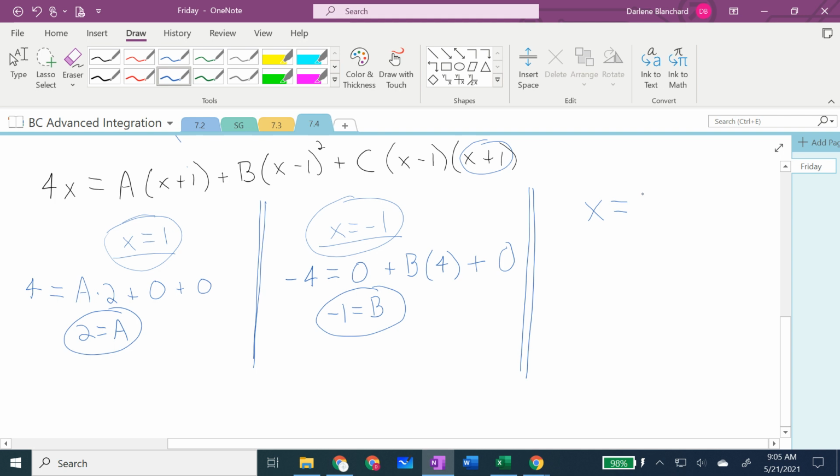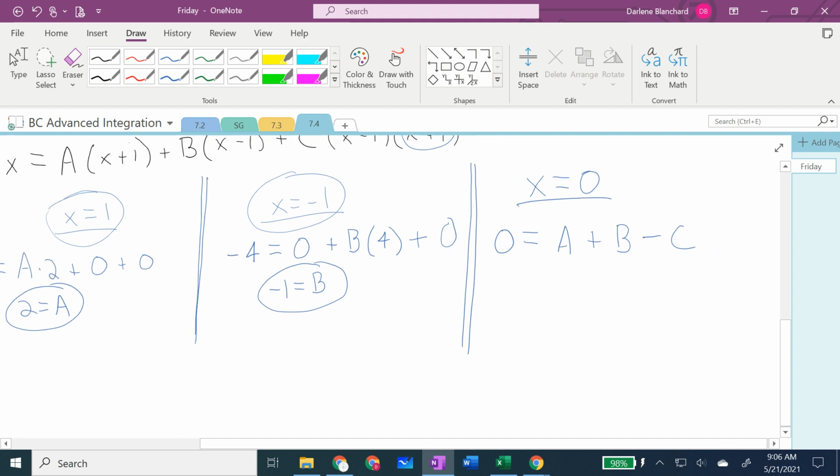Zero is the perfect choice. When I plug in x equals 0, I'm getting 0 equals 1 times a plus 1 times b plus, and then I have negative 1 times positive 1, so I actually get minus c.